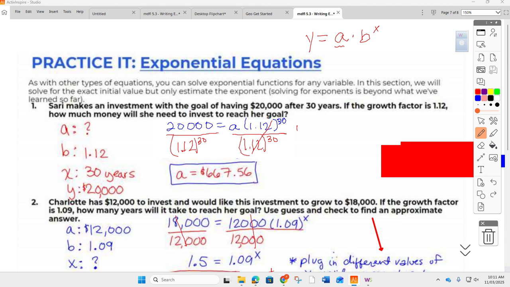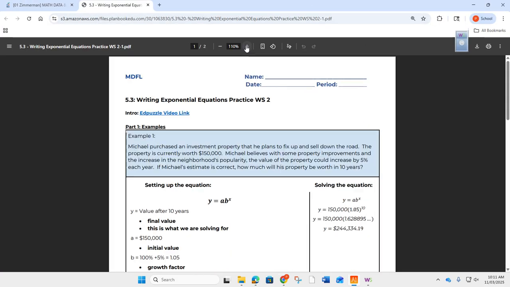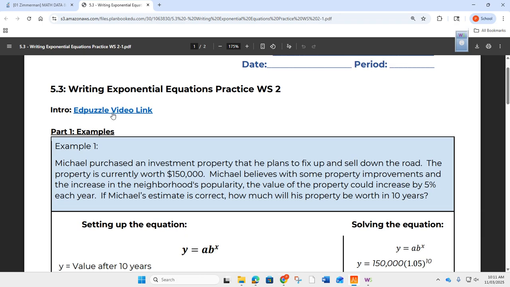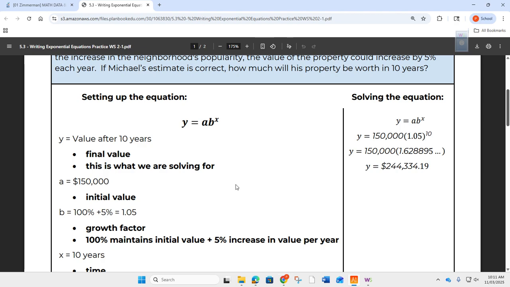Okay. So this explains what I'm going to talk to you about, your worksheet. There is a link here. You should go to that link and watch the video. The growth rate in a financial problem, remember if it's growing, it's going to be greater than 1.